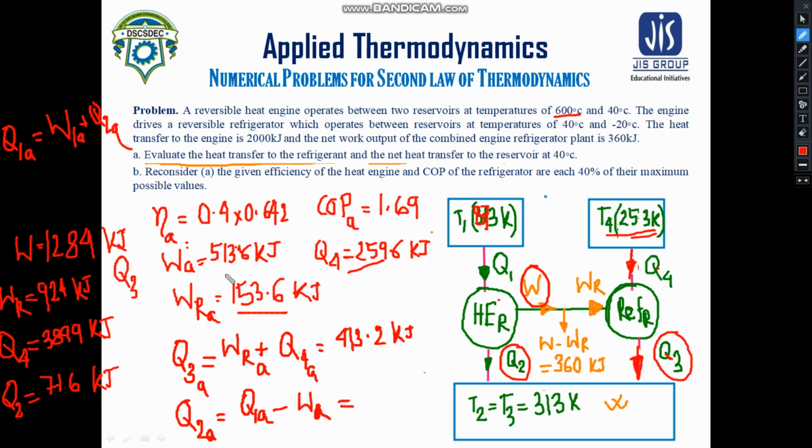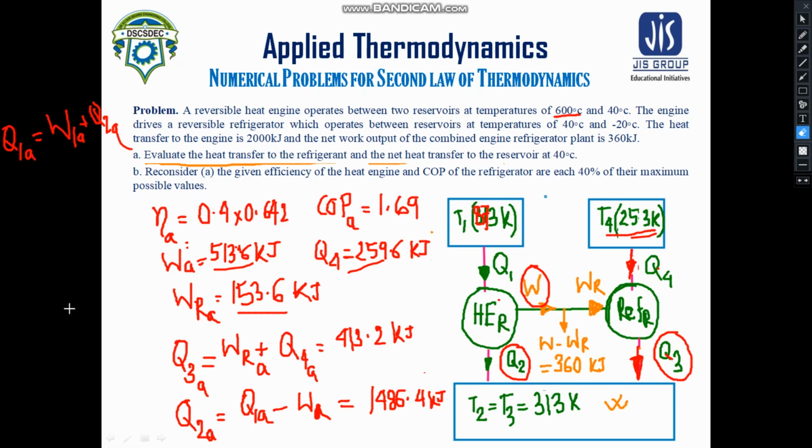You know WA is 513.6, and you can write this value as 1486.4 kilojoule.